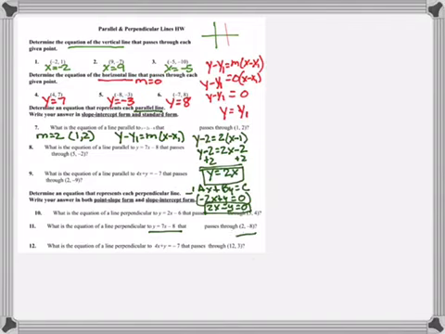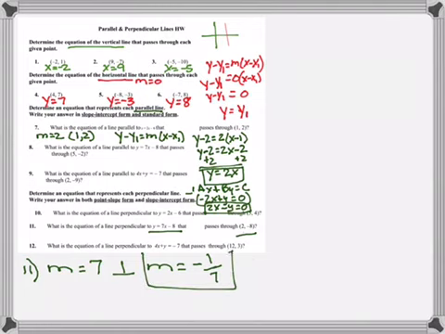So those are the two pieces of information that we have. Well, we know for problem 11 that the slope of this equation is just equal to 7. If I want to find the slope of a perpendicular line, I know that slope has to be the negative reciprocal of it. So we will flip 7 and have -1/7. So this has to be the slope of my new line.